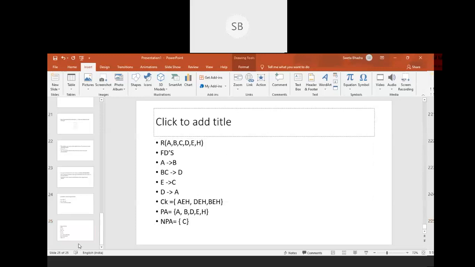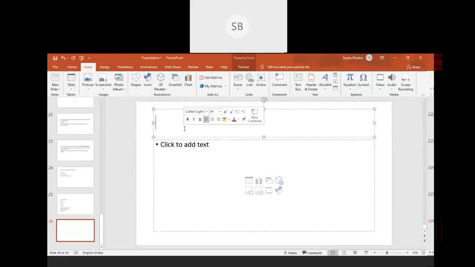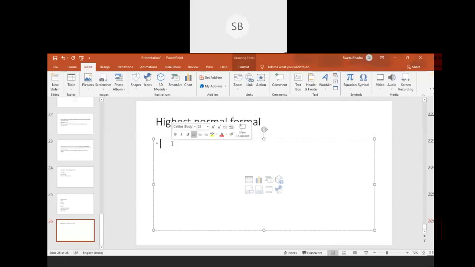Now for checking the highest normal form, we start with BCNF. Before that, let me write the functional dependencies we have. So I guess these are the functional dependencies.